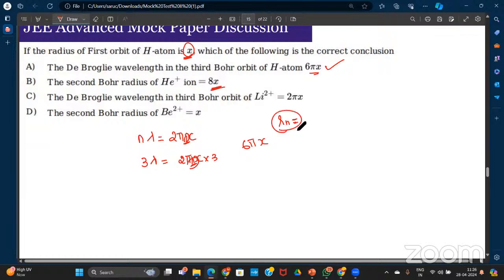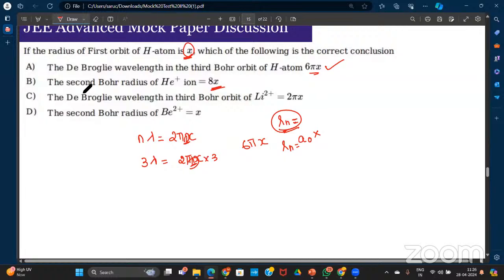You know the formula for the calculation of the Bohr radius: it is a naught times n square divided by Z. Here the helium plus ion has its Z value, and they have given the second orbit, so the n value is 2. If you do this, you won't get it as 8x.